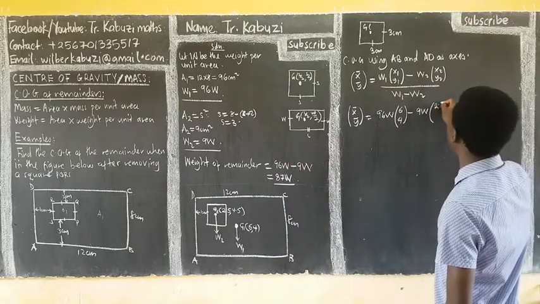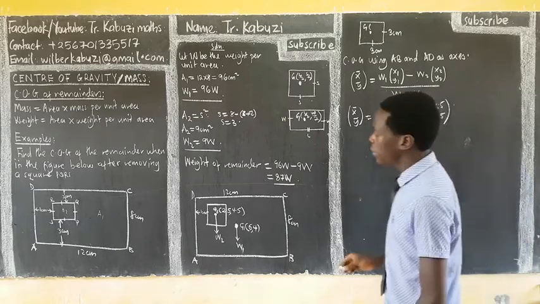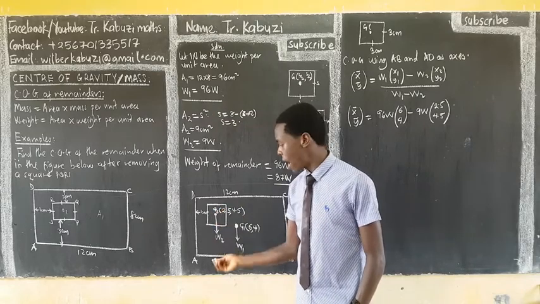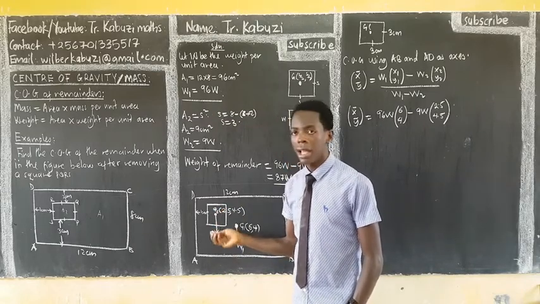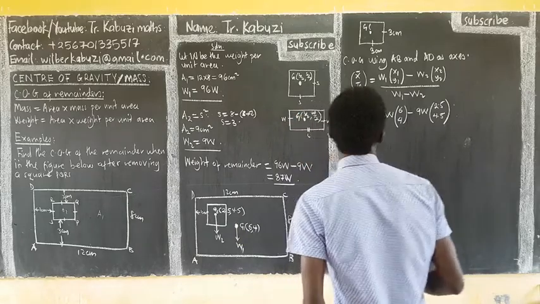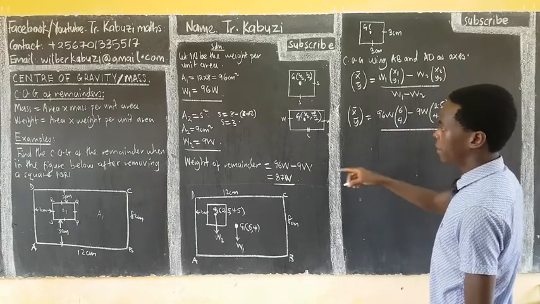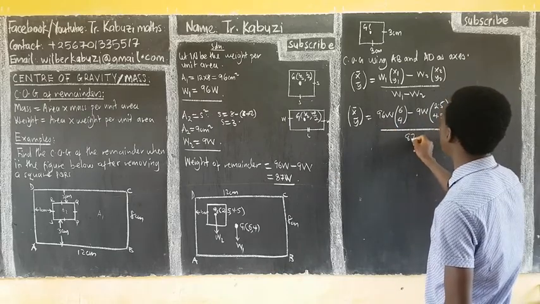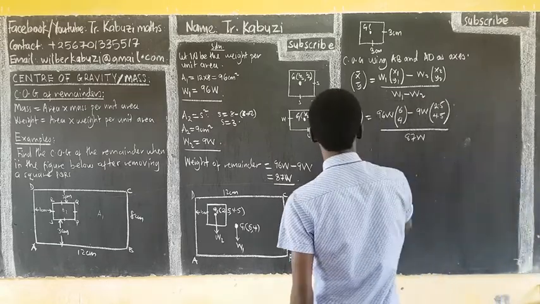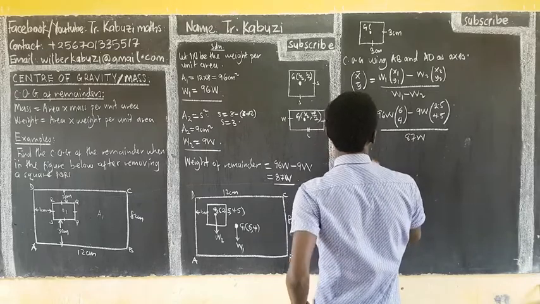So 2.5, then 4.5. The idea is you first get the center of this, then you add these distances from here up to here. When you do that, the rest is very easy. The difference of the weights we've seen is 87 W. So after that, we can come and get our x bar, y bar.